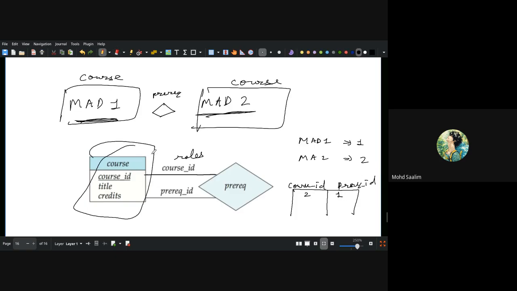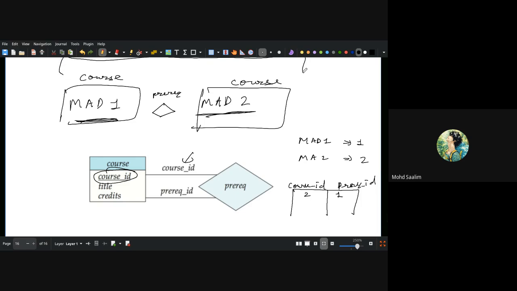Because it is the same entity set, the attribute name will also be the same, right? But we don't want to be confused by writing course ID two times. That's why we create roles, and these roles are just for the primary key. For the first primary key role, we give course ID as it is, but the second role we give as prereq ID. So it is as simple as this diagram, just using shortcuts.